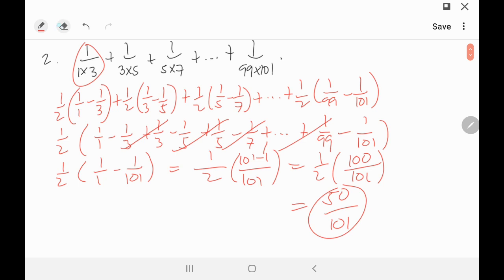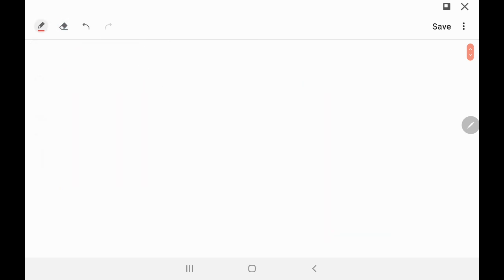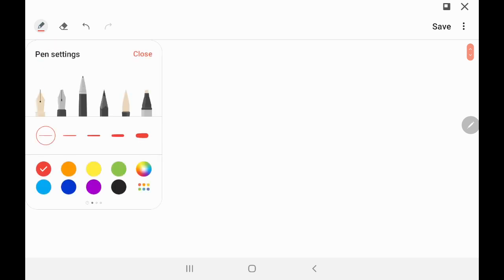So let's rewrite our problem here. Let's use another color. Let's use black. Number 3 will be 1 over 2 times 4 plus 1 over 4 times 6 plus 1 over 6 times 8, and the pattern continues up to 1 over 98 times 100.